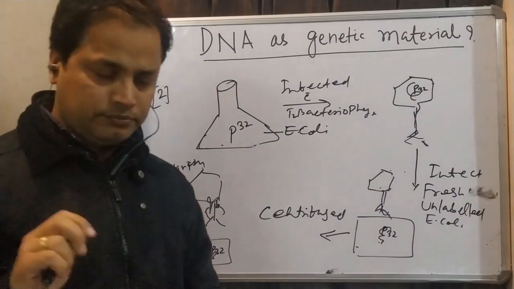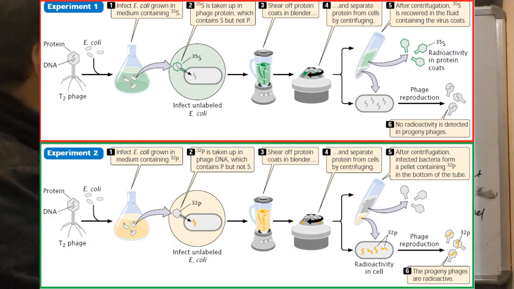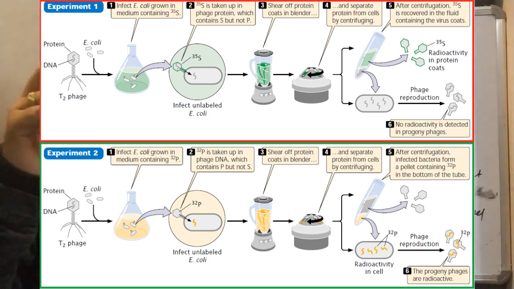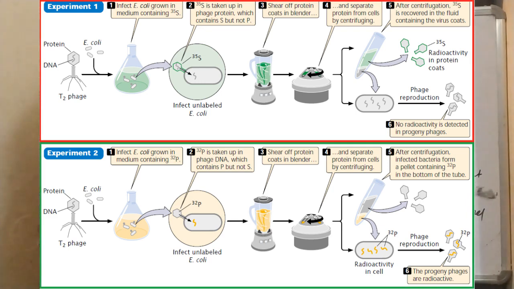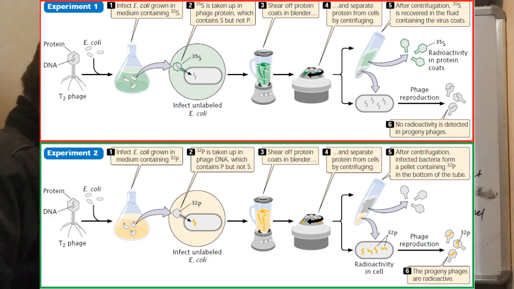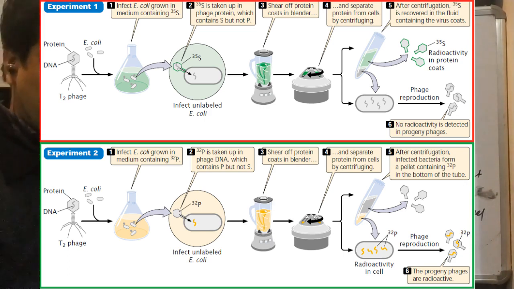It means the bacteriophage which infects a fresh bacteria only transfers the DNA, and this bacteria is showing the radioactivity. It means the component which is transferred by the bacteriophage is having radioactivity.